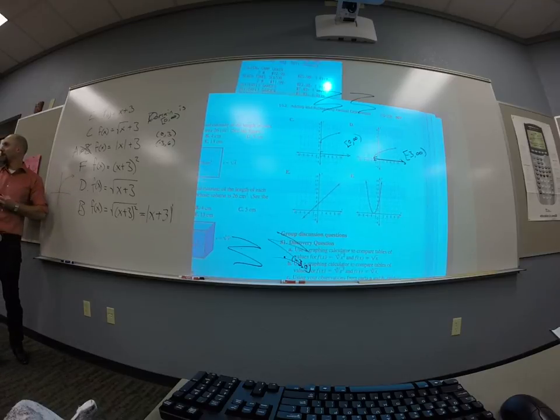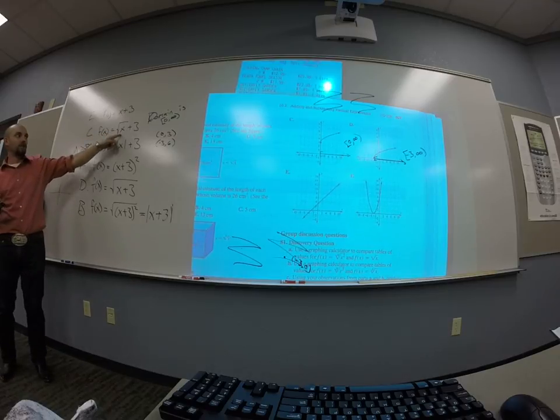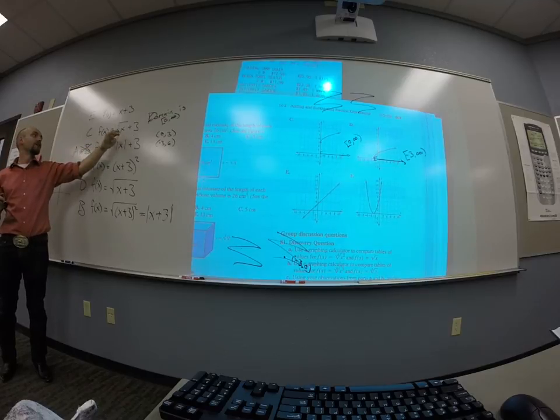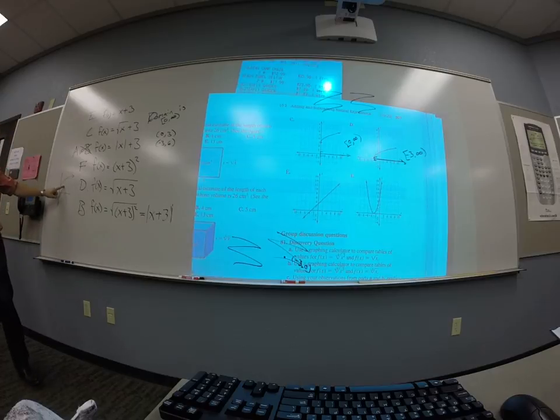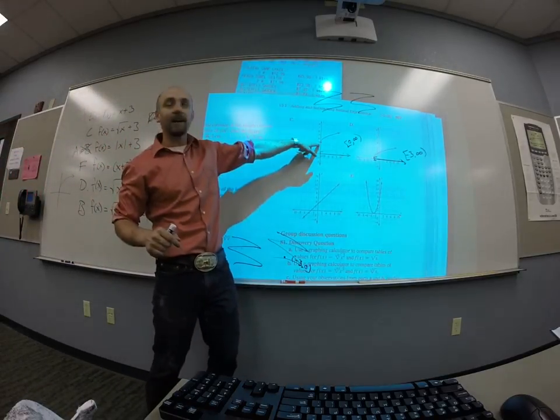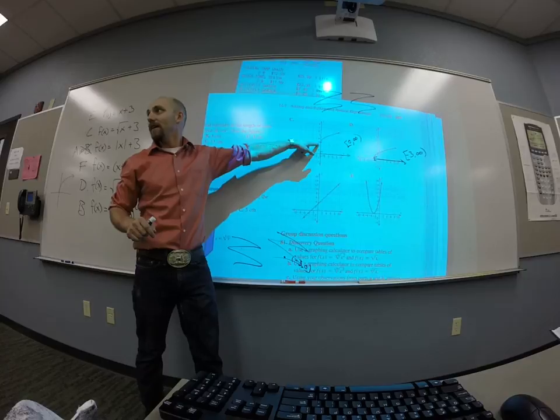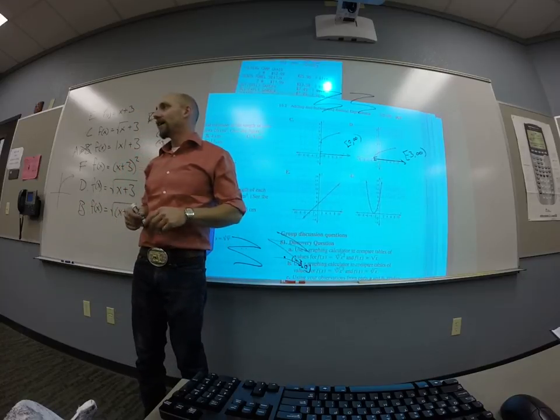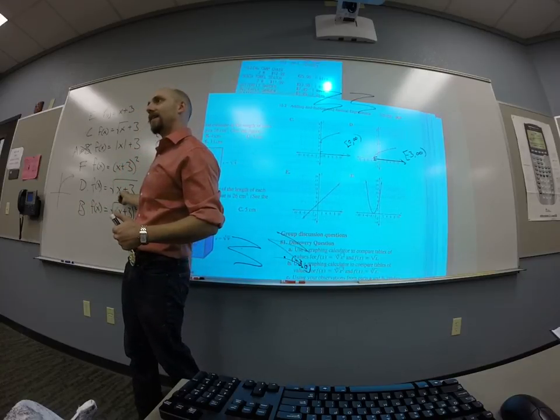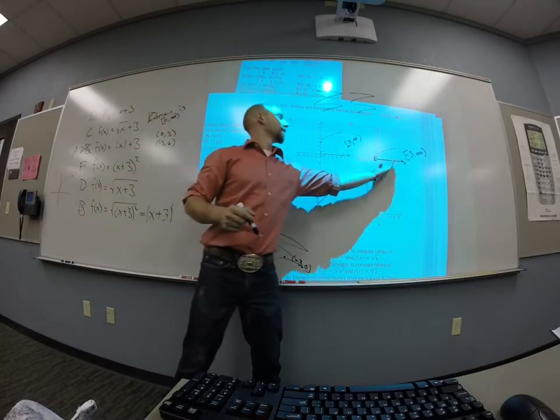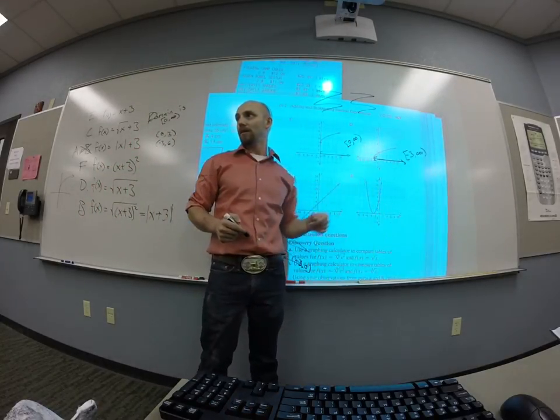So when I add 3 to the outside, that's do root x then add 3. That shifts up 3 units. If I take this guy and move it up 3 units, I get that guy, right? If I move it left 3 units, that's adding 3 to the inside. It moves left. I get this picture.